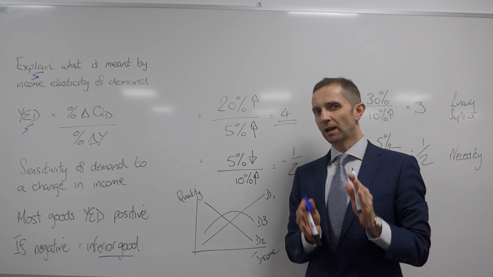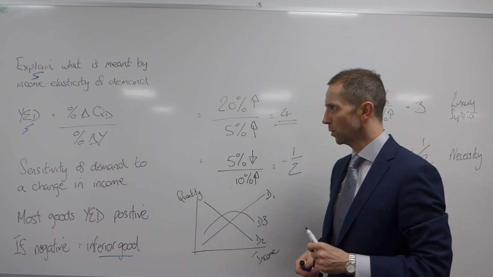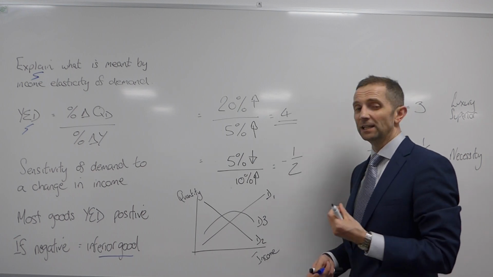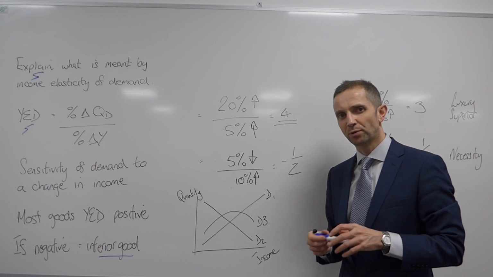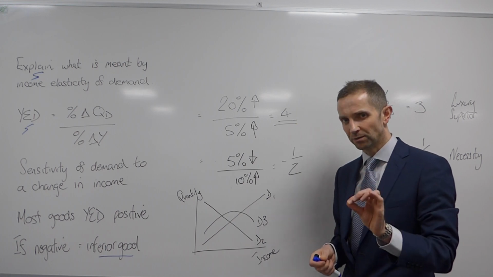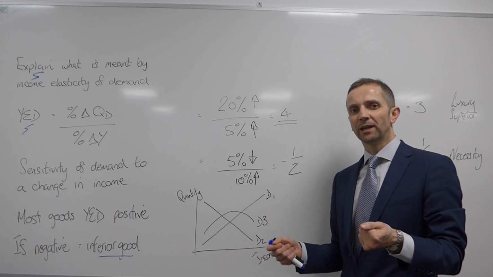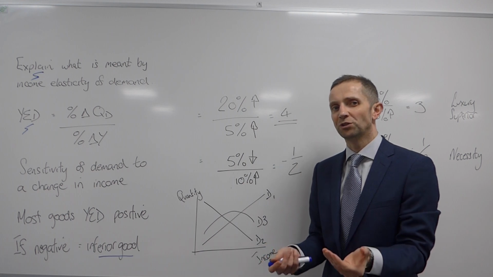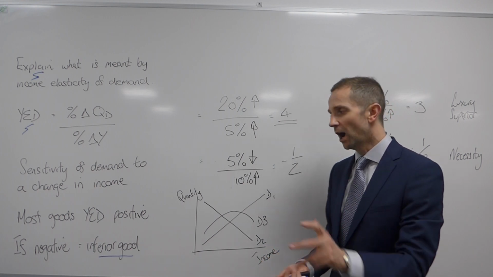So we have a relatively small increase in income and a much larger, more than proportional increase in quantity demanded. That tends to be the case for goods which we would describe as luxury items. Your income goes up a little bit, you've got that little bit extra disposable income, and you can afford to treat yourself more often, and so the demand for luxuries goes up more significantly.